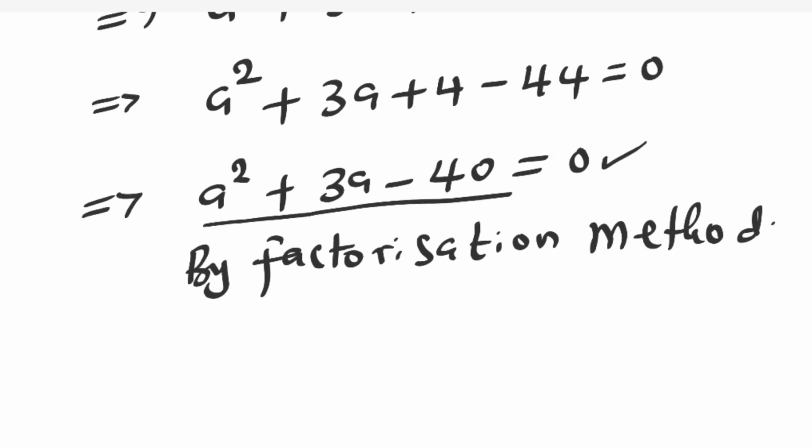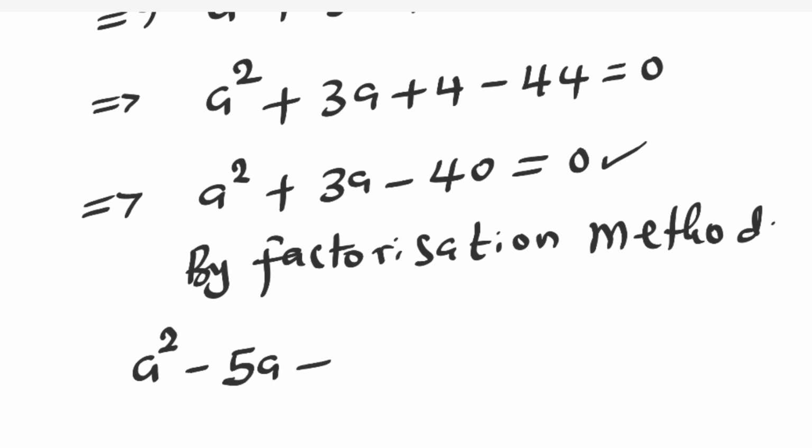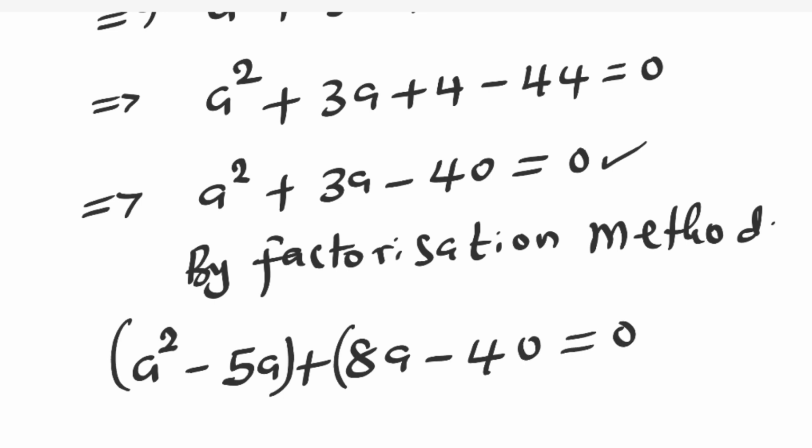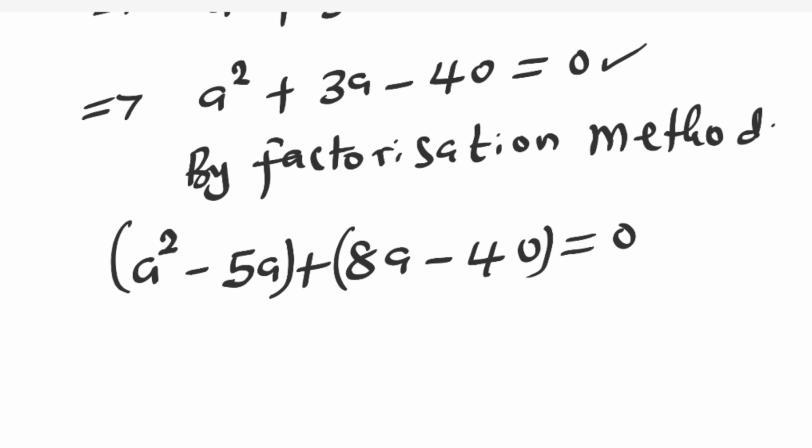then the whole of this can be written as a square minus 5a plus 8a minus 40 is equal to 0. Now this with this and this to this in bracket, then here we can factor a out.